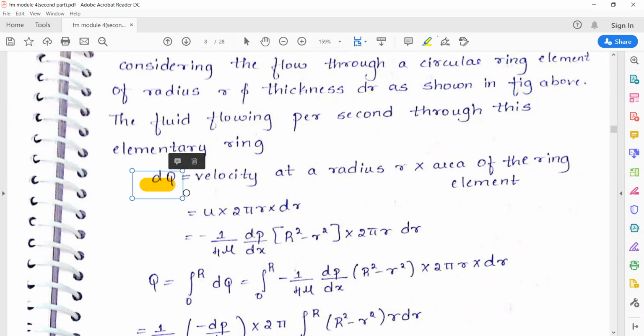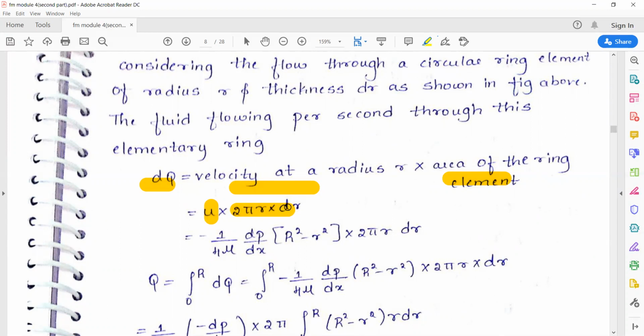Again, discharge is velocity into area. So dq is velocity at radius small r into the area of the ring element. Basically, discharge is area into velocity, so that is what they have written. Velocity at any point is denoted by small u, into area. The small circular ring being considered is almost like a surface area.